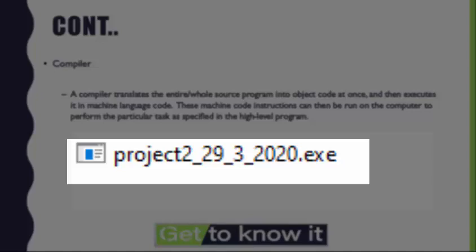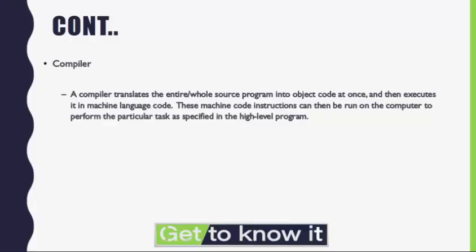So unlike the interpreter, a compiler will store the translated program. It will be able to store the object code such that if this executable file is required, the compiler doesn't have to translate again.